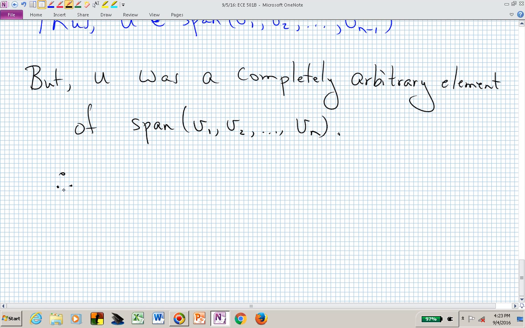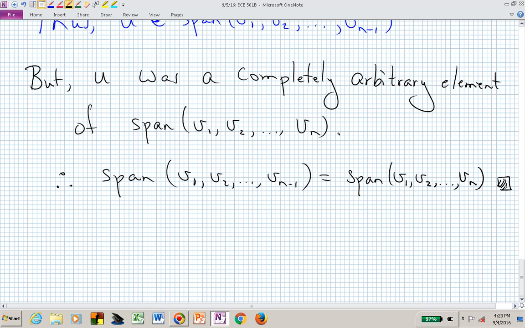And that allows us then to conclude that since u was arbitrarily selected, and we can now write u as living in the span of n minus 1 vectors, then that must also be equal to the span of the original n vectors v1 through v sub n.